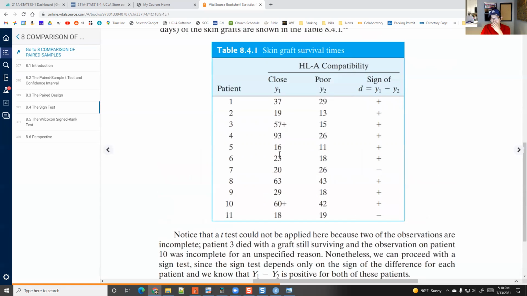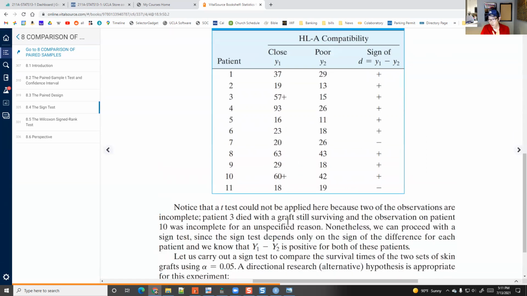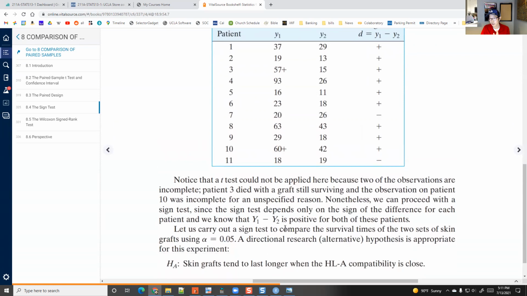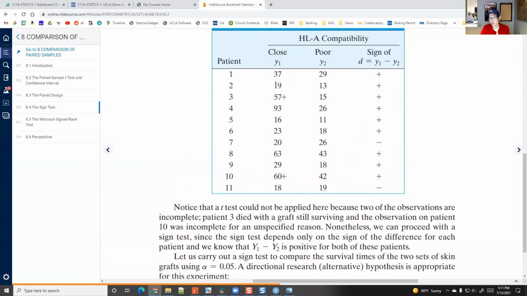So we want to know if the skin grafts do end up lasting longer if the compatibility is close. In this case, the direction we're expecting is that these values in close are greater than the values for poor. Okay, so we're expecting to see more positive values.